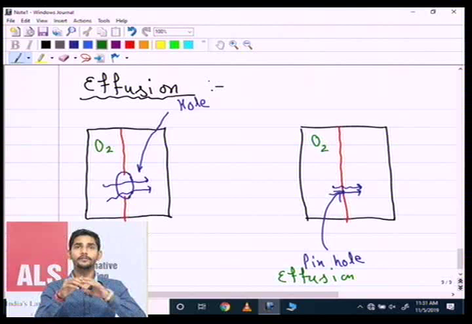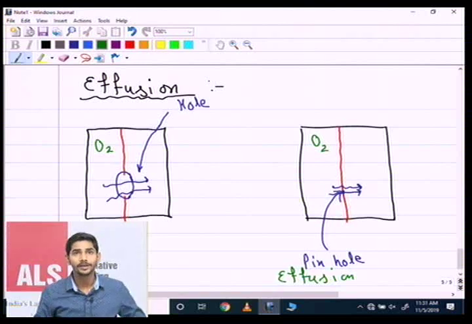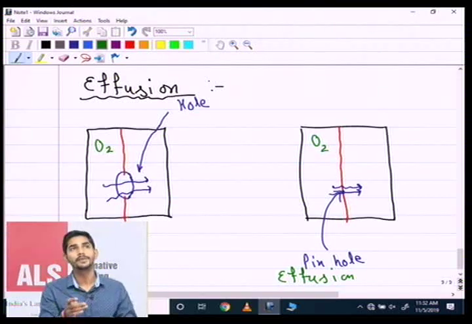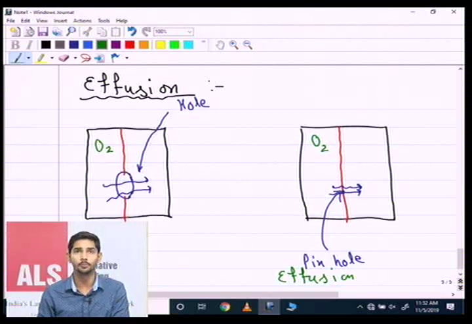So if the tube gets burst, the area from which the gas was releasing was very high, whereas if you put a pinhole in the tube, what will you observe? The gas will release very slowly from the tube.